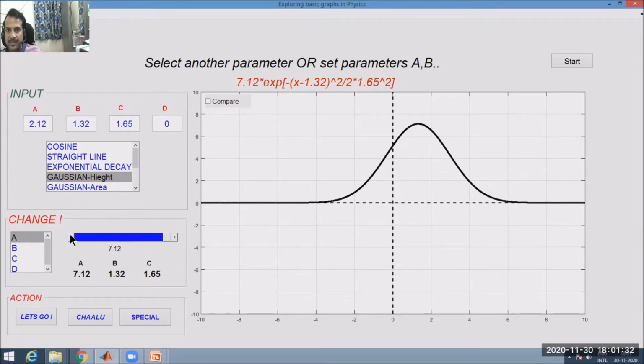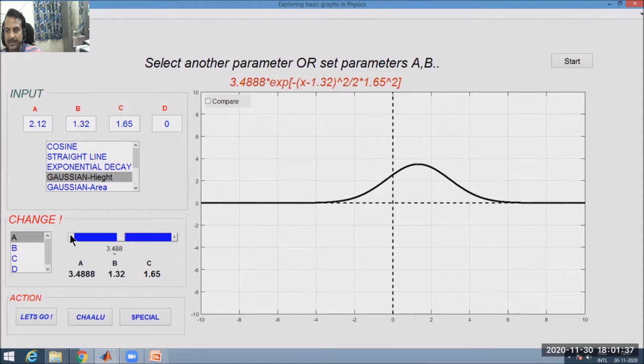Now I decrease the parameter in a continuous manner, all the way up to 0. Let me get it to 2, and then let us compare different Gaussians with different values of A. Now this is with 2 exponential minus (x minus 1.32) whole square divided by 2 into 1.65 square, and it looks like this.